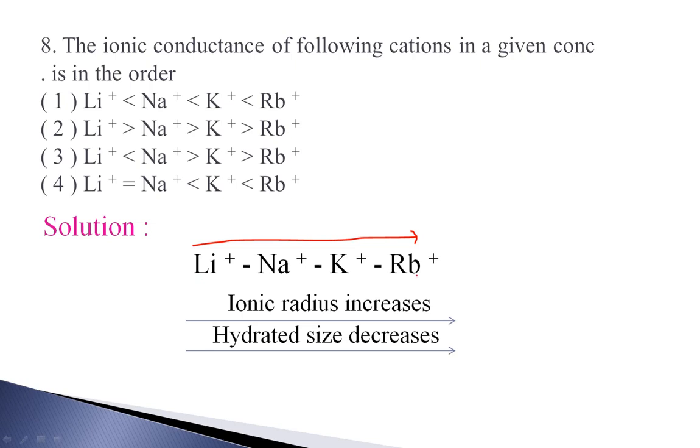The smaller the size of the cation, the greater the mobility and conductivity. If the size of the cation increases as we move from lithium to rubidium, conductivity decreases in aqueous solution. Due to the very small size of lithium, it is strongly hydrated, hence its effective hydrated size is larger than that of the rubidium ion. So the right order of the ionic conductance is option 1.